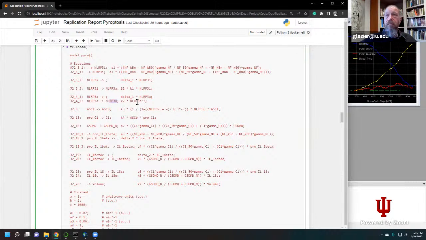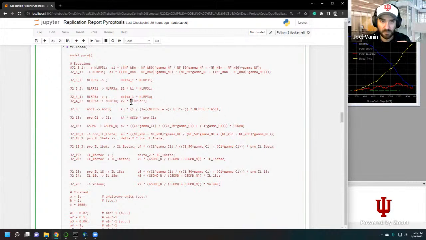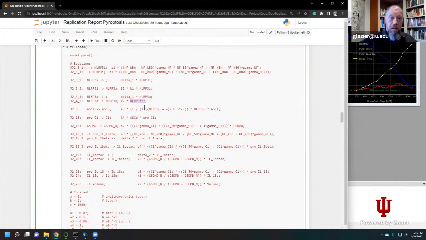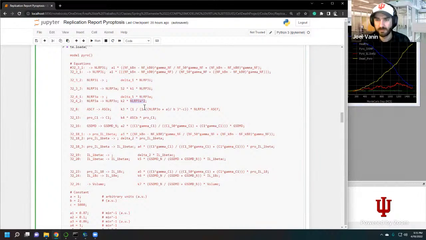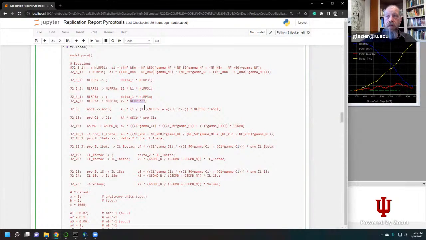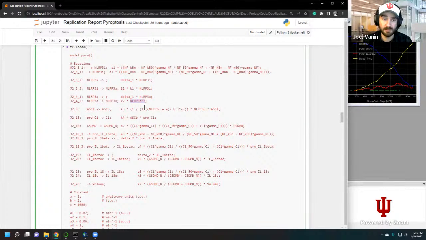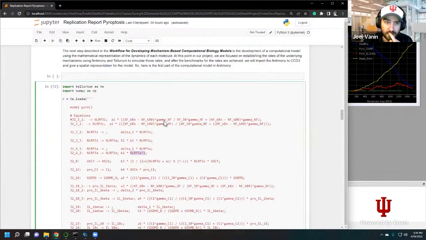So it has to do with how long every single activated NLRP3 takes to form the complete base. So it's dimerizing, is that right? Yeah. So why isn't it 2 NLRP3A goes to NLRP3O? Yeah, I don't know.